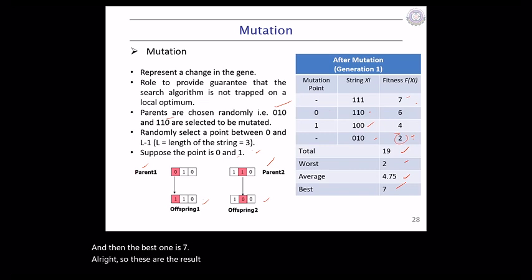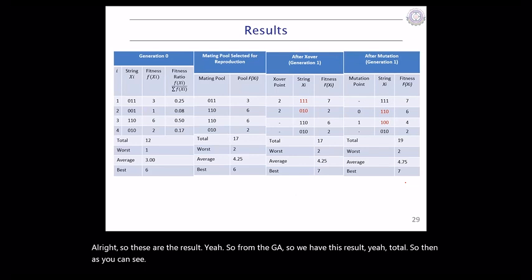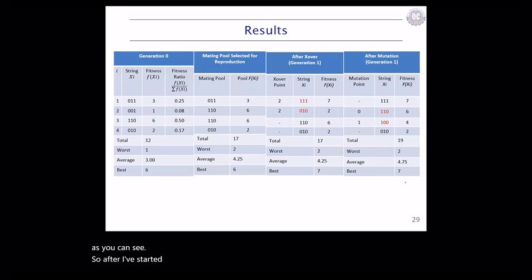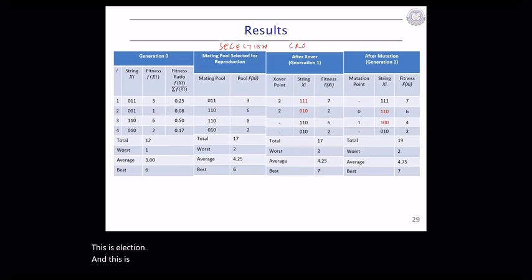All right, so these are the results from the GA. As you can see, starting from generation 0 at the beginning, after that we provide the selection. This is selection, this is crossover, and this is mutation.